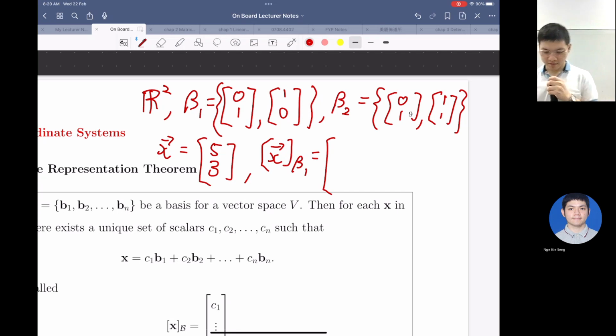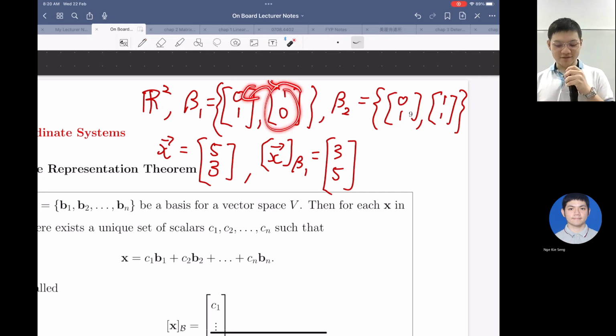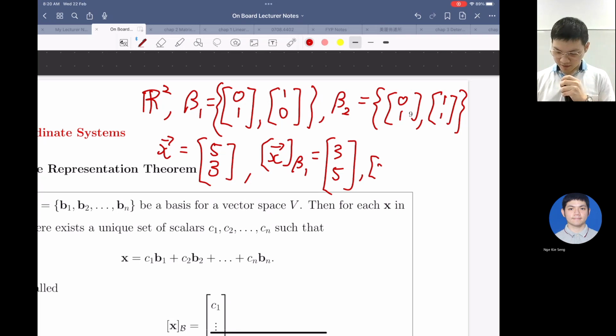It is (3, 5) or (5, 3), depending on my arrangement. If I arrange the other way, it is different. How about with respect to B2? What do you get?